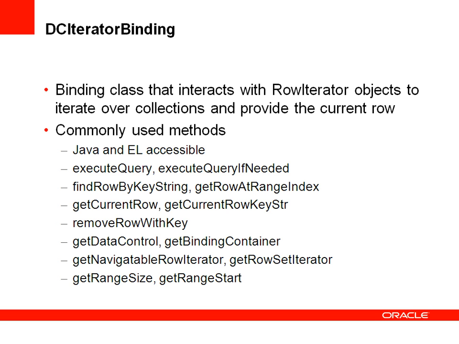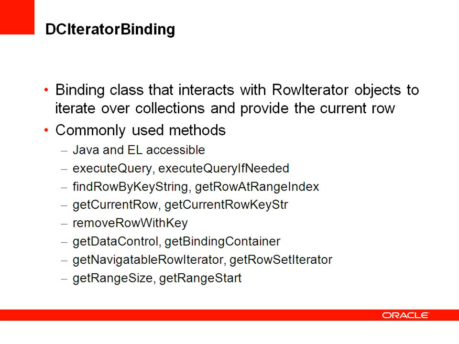Then you can set the row as current, or you can just ask for the current row. You can remove a row with a key. Based on the key, get access to the data control and to the binding container from there. This gives you full access to the data queried from the business service. This is what the iterator binding is used for.